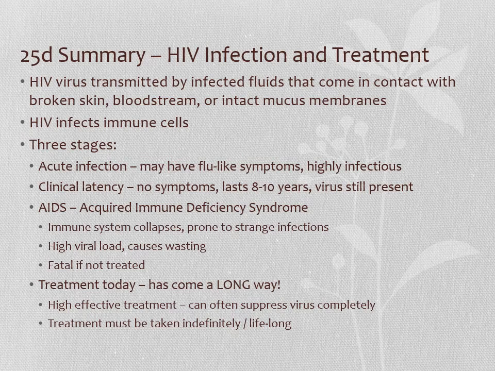There's the acute phase where you may have flu-like symptoms or you may not, and you are very contagious, and tests for antibodies will often be negative in the early part of this phase. The second phase is clinical latency, that arm wrestling contest with no clear winner between your immune system and the virus. No symptoms, you feel fine, but the virus is still present and you are still infectious or contagious.